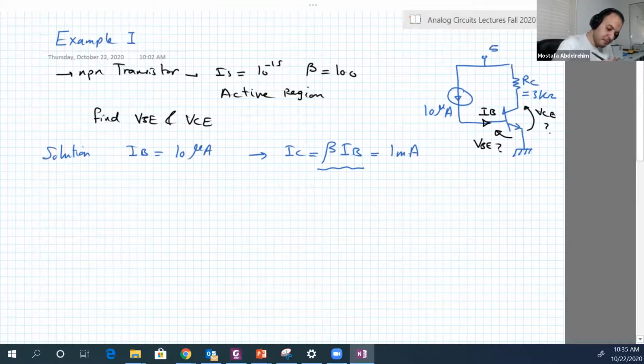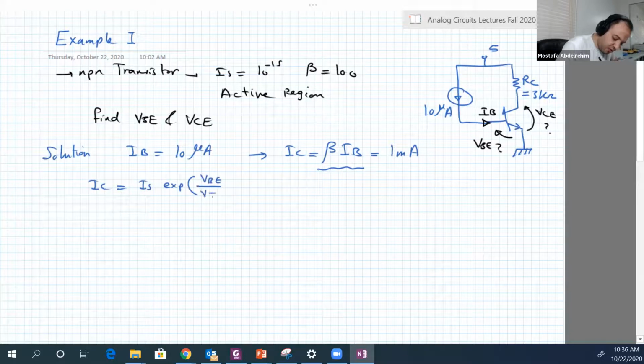We know that IC equals IS exponential VBE over VT, and from now on we will neglect the one.